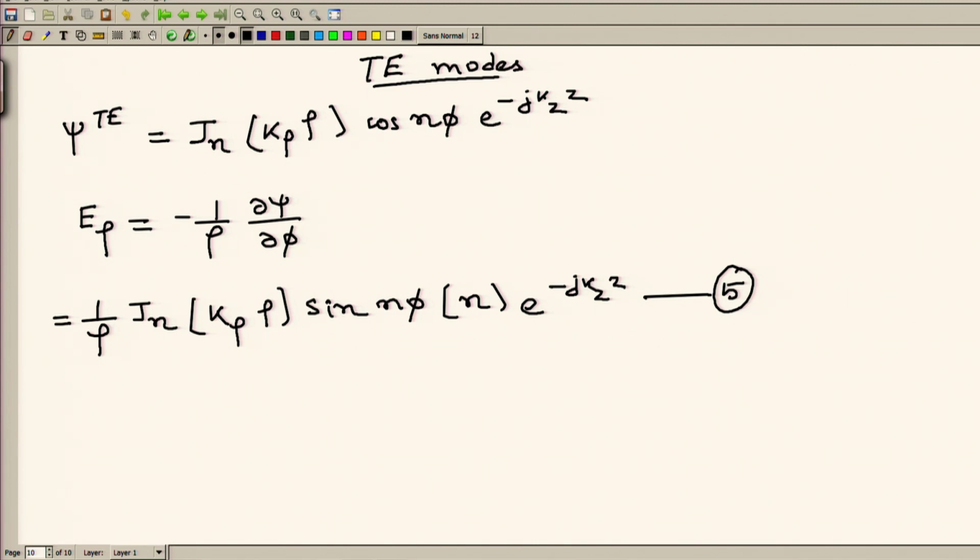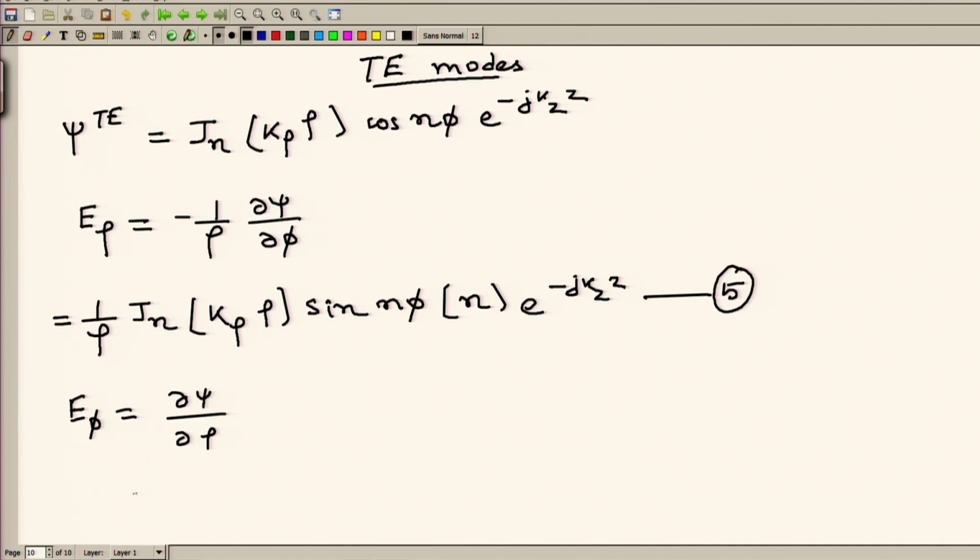After E rho we have E phi. E phi is del psi upon del rho, so we differentiate with respect to rho.